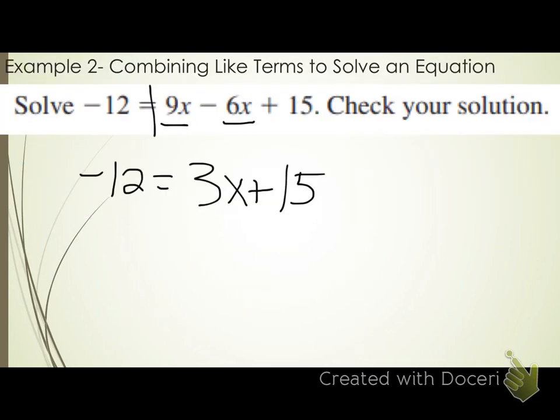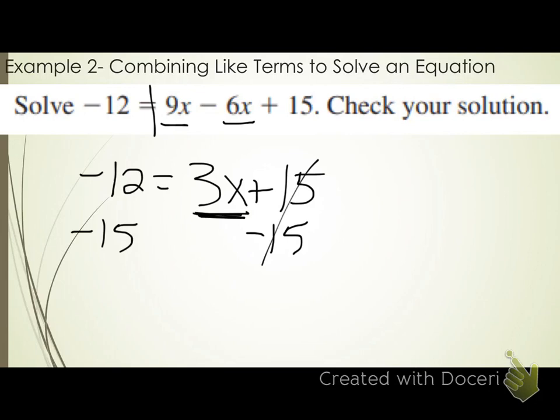Raise your hand if you can tell me what my next step would be here. Yeah, subtract 15 from both sides. Once again, before I get the variable by itself, I need to get this term containing the variable by itself first. So I've got to get that 15 away from it. It's 3x plus 15. Inverse of addition is subtraction.